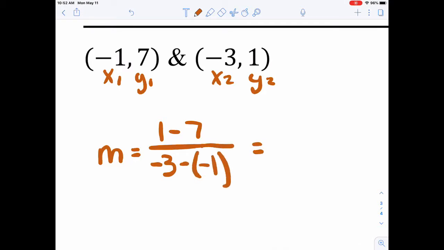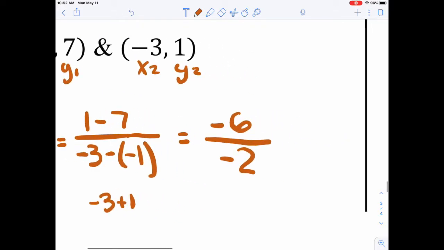So in my numerator, 1 minus 7, that's going to give me -6. And my denominator, that's technically -3 plus 1, so that's going to give me -2. So now technically that's -6 divided by -2. So a negative over a negative is going to equal a positive, and 6 over 2 simplifies down to 3. Now technically you could write 3 over 1 then equals 3, but it's fine if you jump right to 3, okay?